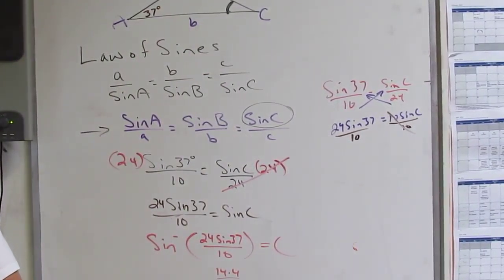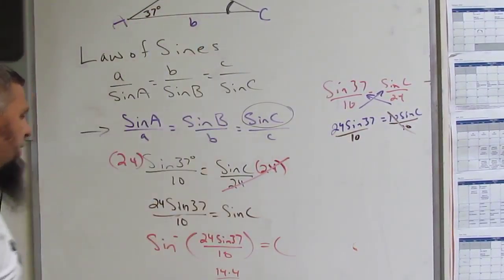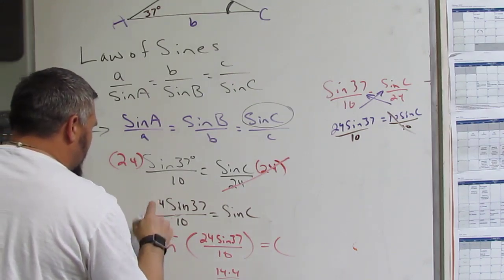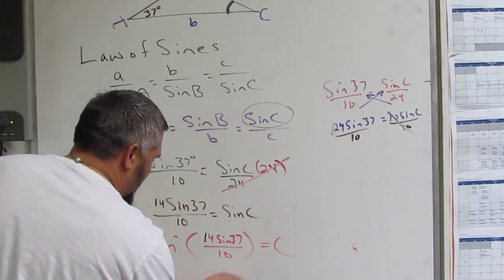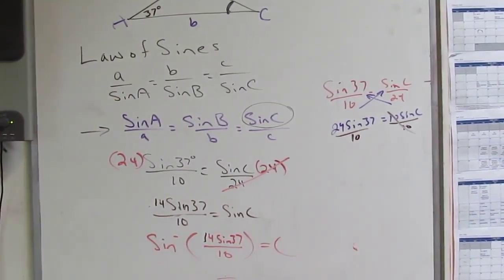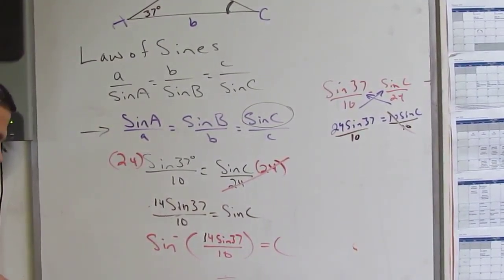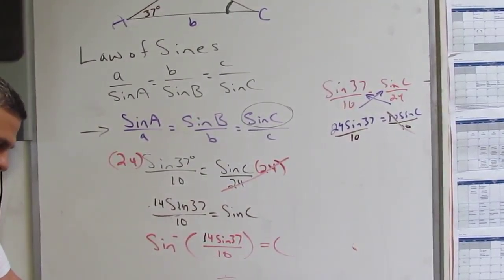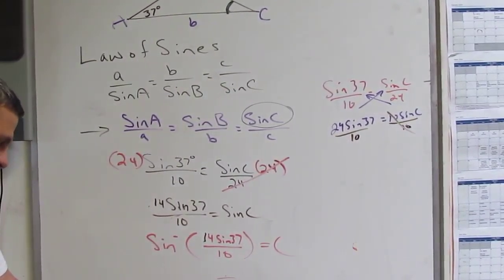So instead of 24, could we use 14? Maybe that would work. Okay? And then when we come down and use 14 in all of this, what would we get? We would get 14 times sine 37, right?